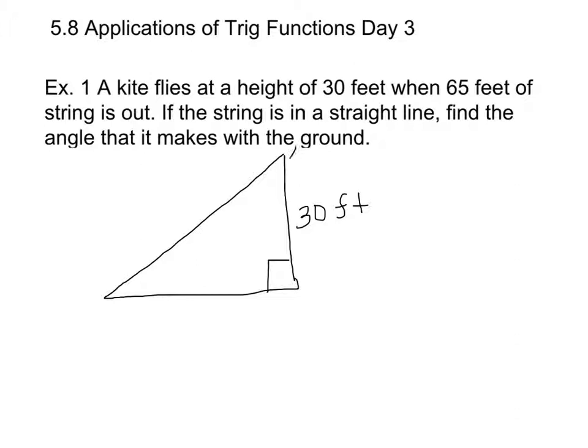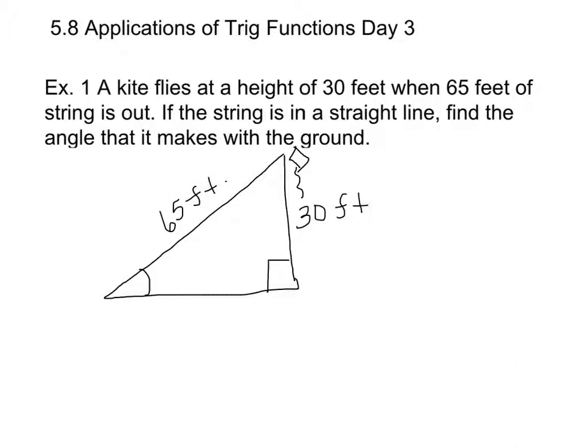So here's the kite right here. And this is 65 feet. And since we need the angle that it makes with the ground, this is represented as the ground. And here's my little kite.